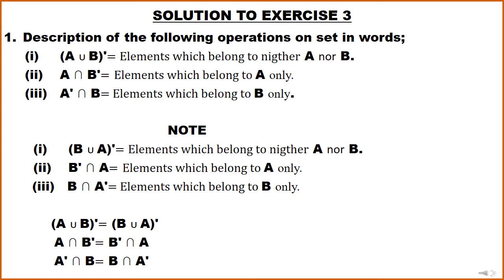It means that we cannot see these members in set A, but they are found only in B. We also find this number of members by subtracting the intersection from set B, and the remaining number of members becomes our B only.